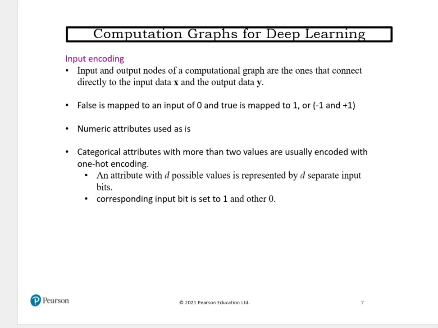Now, numeric attributes, for example square footage if we're working on a house price prediction problem, or number of bedrooms, whether integer or real values, we can use them as is, okay? Although they may be scaled to fit within a range.